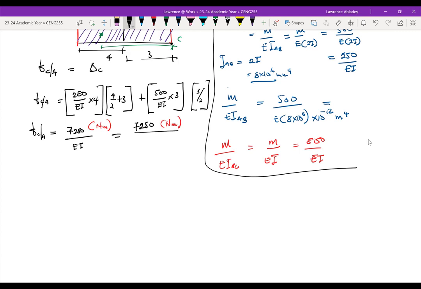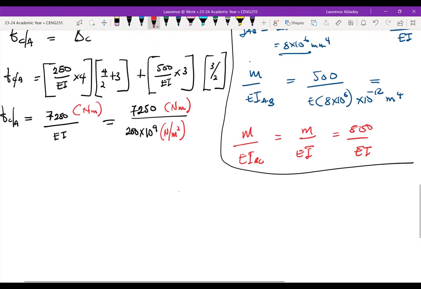So I'm converting my E also to Newton per meter squared. So that'll be 200 times 10 exponent 9, and this will be in Newton per meter squared.